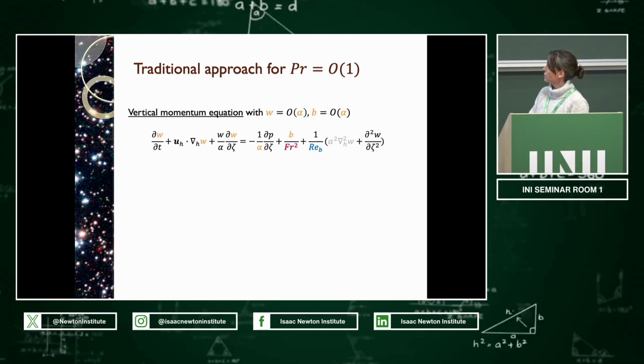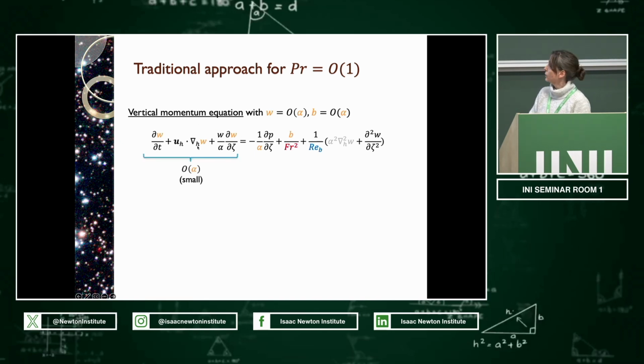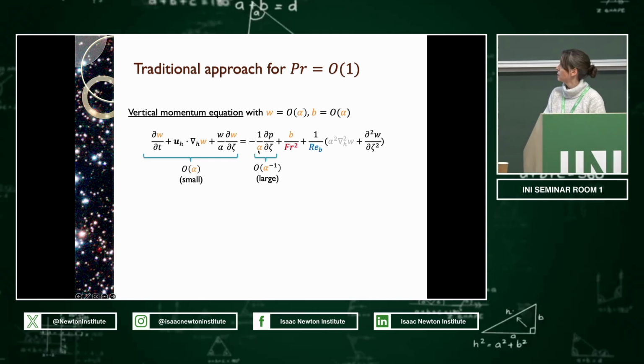And then you go back to the last equation we haven't looked at yet, which is the vertical momentum equation, with vertical velocity of order alpha and b of order alpha, because we just learned that. This is the vertical component of the momentum equation. Over here, everything is of order alpha. But this term, pressure gradient over alpha, is really large because it's of order 1 over alpha.